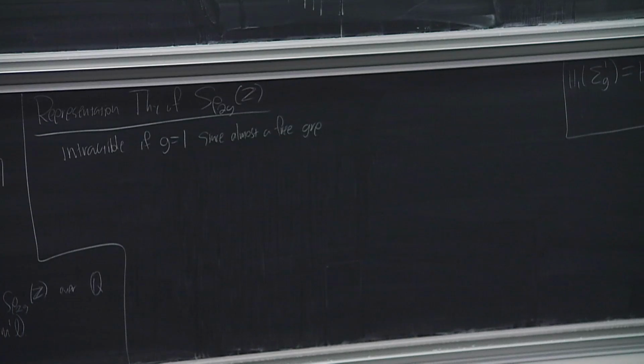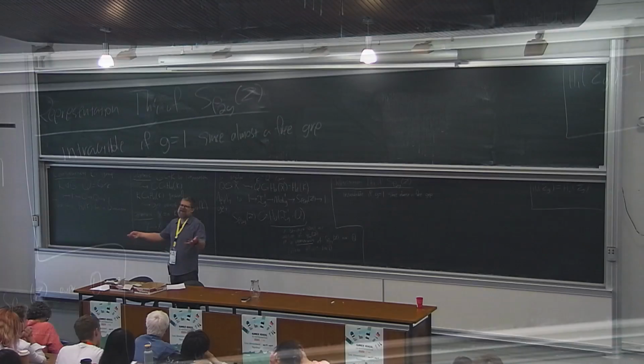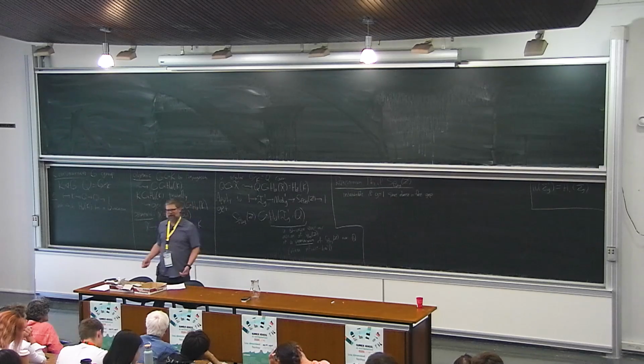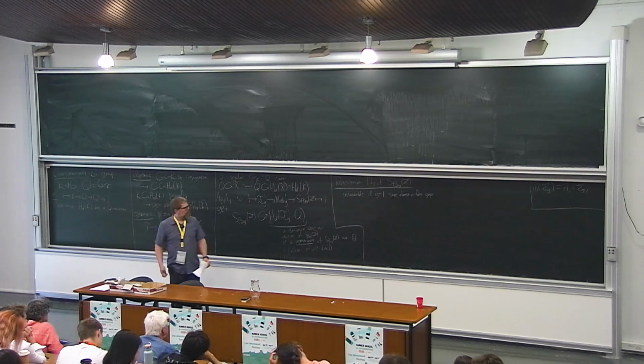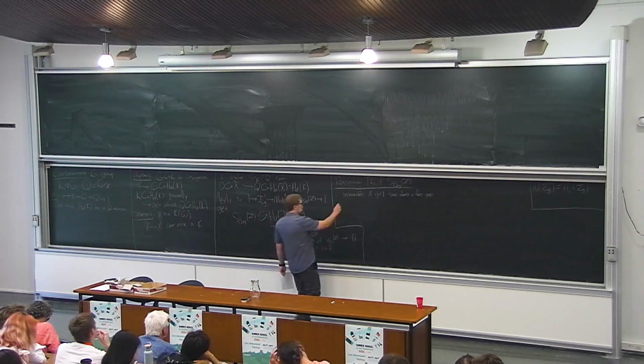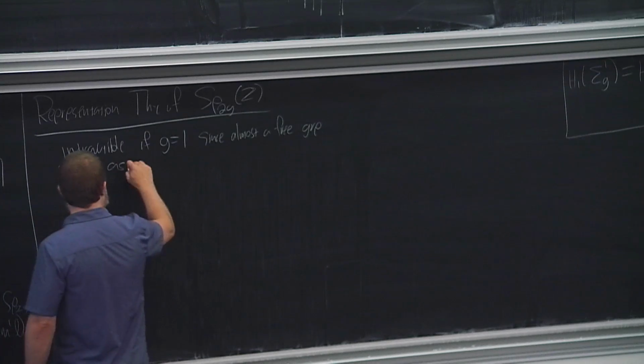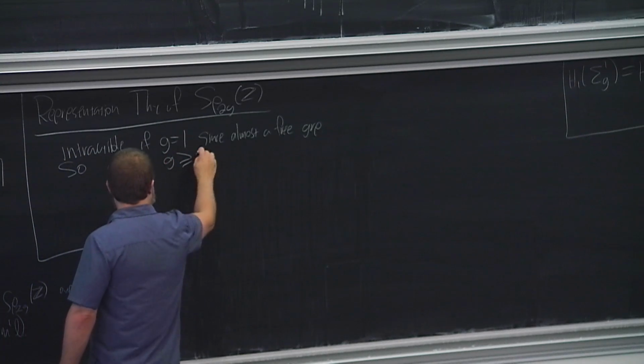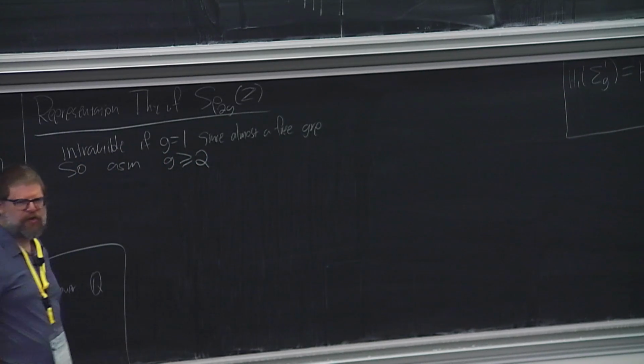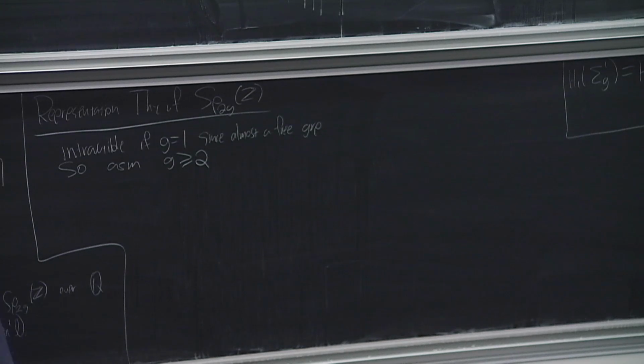How do you give a representation of the free group on n generators? You just give me n matrices, right? There's no structure. It's too unstructured of a group. And so let's assume that g is at least 2. That puts us in a situation called the higher rank situation, in which these groups have more internal structure, and we actually can give a very complete picture of their representation theory, remarkably.